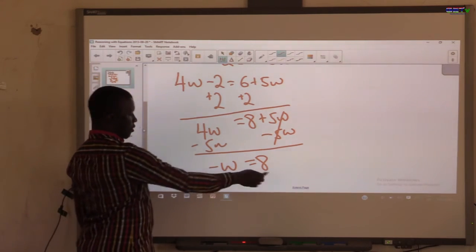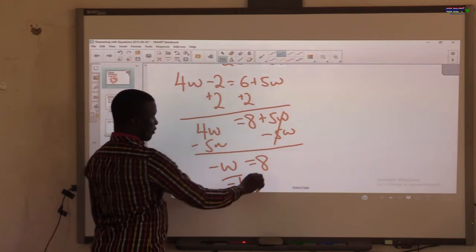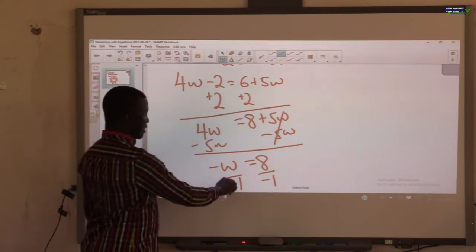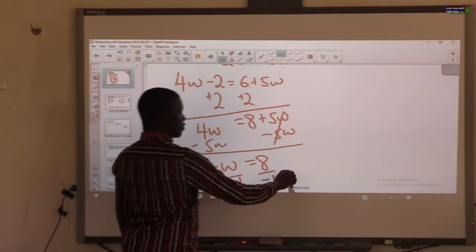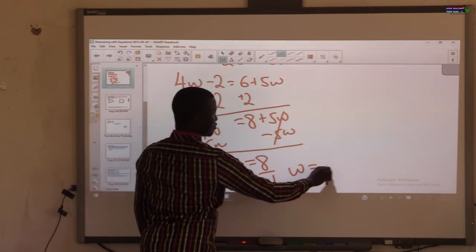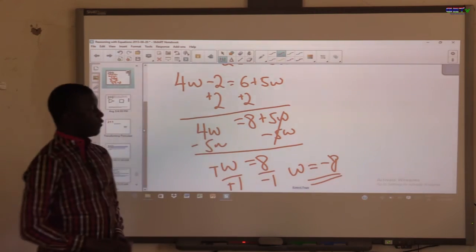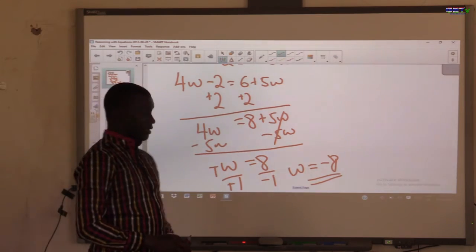So we have negative 1w; we divide both sides by negative 1. The negative cancels out. So we have w equals negative 8, because 8 divided by negative 1 equals negative 8.